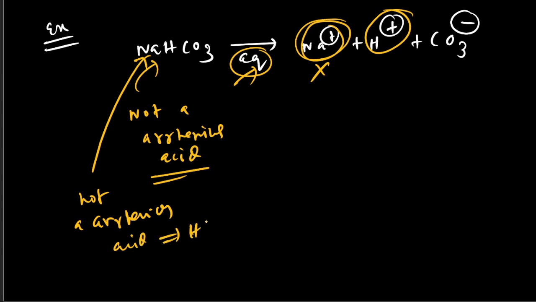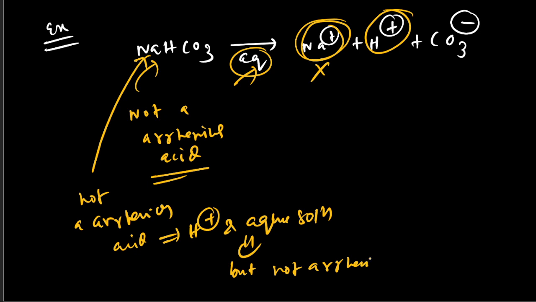Although here H plus ions are present and it is in aqueous solution, it is still not an Arrhenius acid. The reason is that he also says the positive ions should be only H plus.